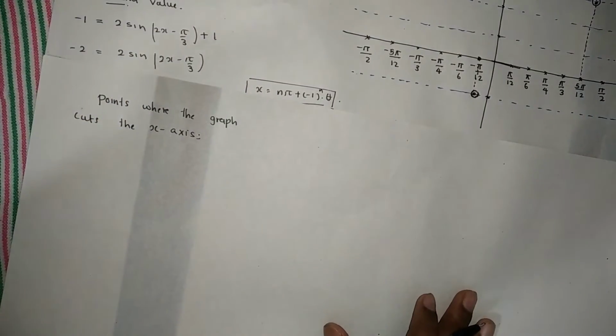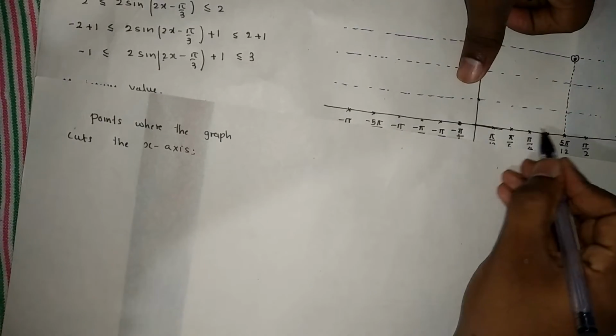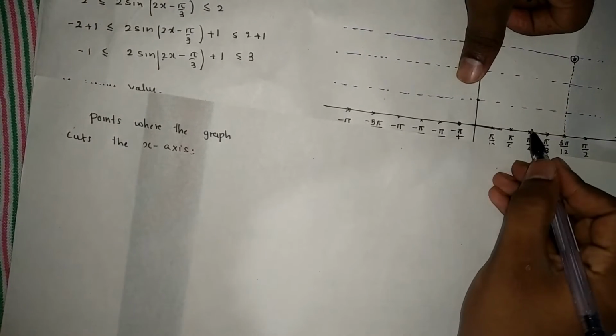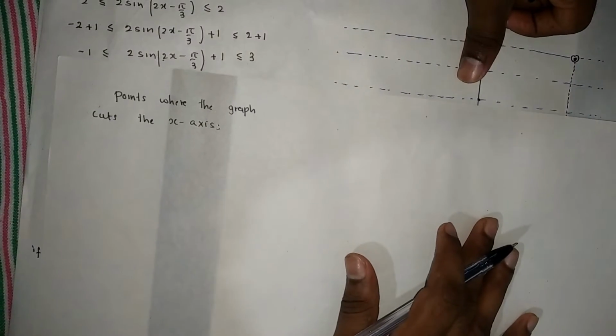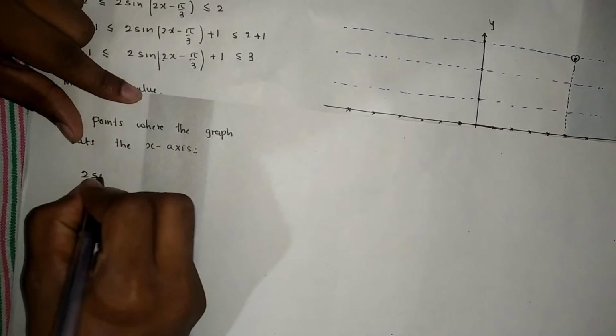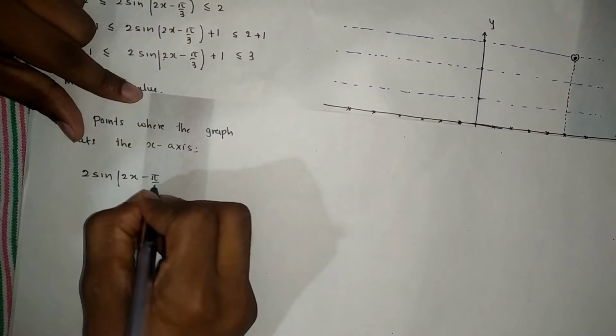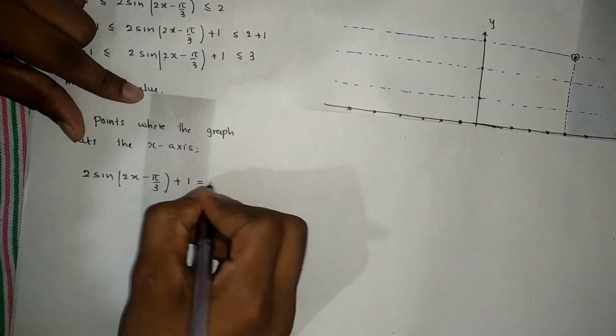If you want to find the points where the function cuts the x-axis, we will be substituting the function: 2 sine of 2x minus pi by 3 plus 1 is equal to 0.